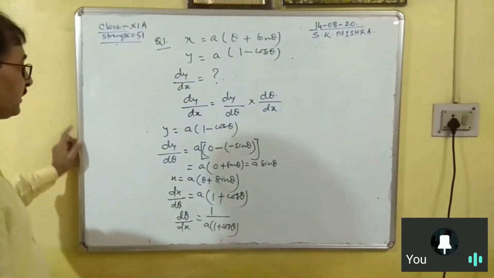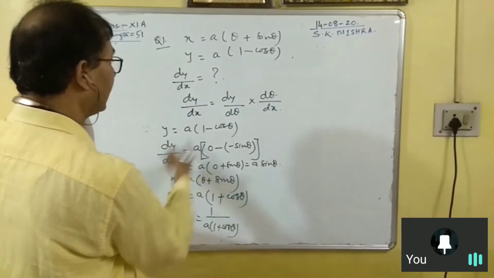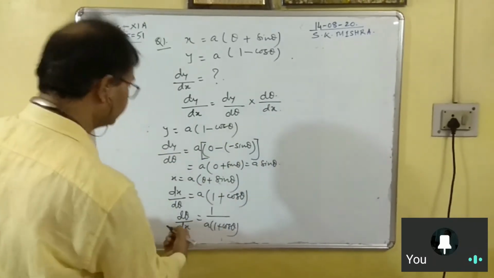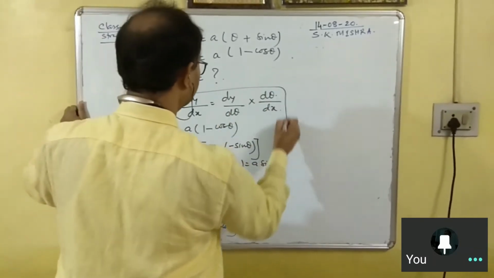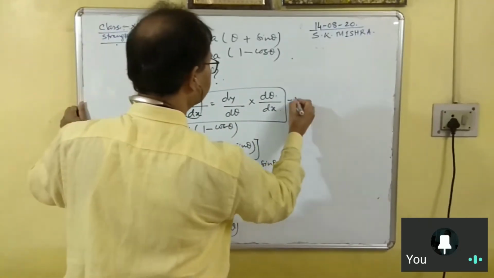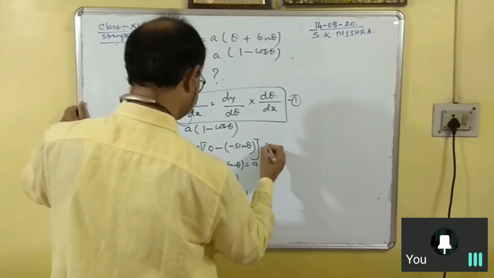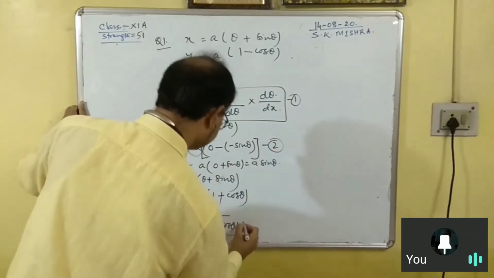And then putting the value of dy by d theta and d theta by dx in equation 1. So suppose this is 1, this is 2, and this one is 3.